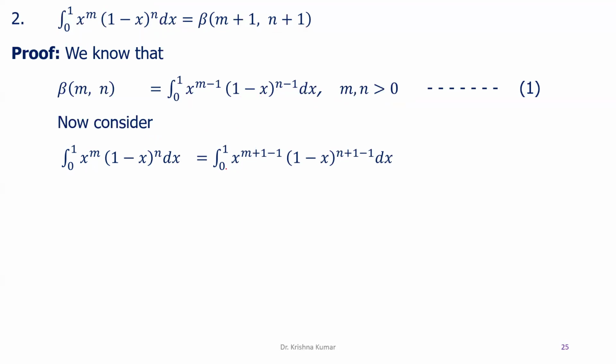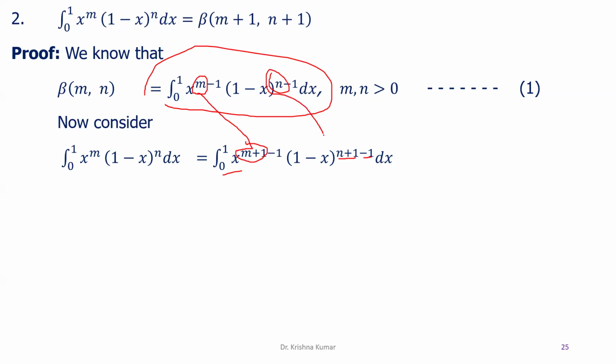Now, this can be written by adding and subtracting 1 in the exponents: the integration of x to the power m plus 1 minus 1 into (1 minus x) to the power n plus 1 minus 1 with respect to x under the limit 0 to 1. Now if we compare this with the formula, in place of m it is m plus 1, and in place of n it is n plus 1.